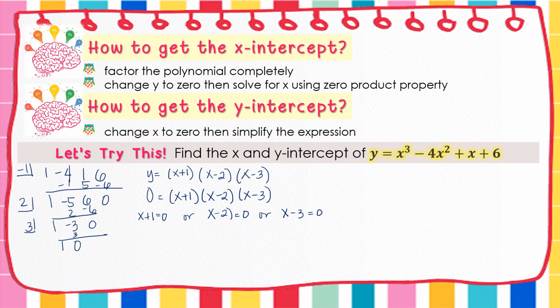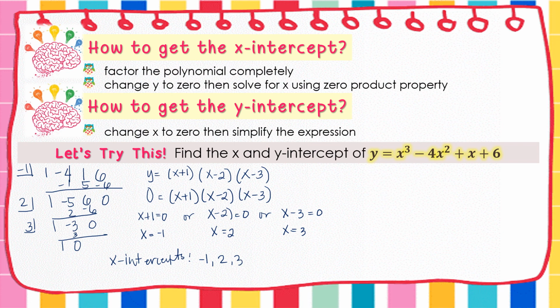So, from here, x plus 1 equals 0, we'll have x equals negative 1, then x equals 2, and then x equals 3. So, our x-intercepts are negative 1, positive 2, and positive 3.